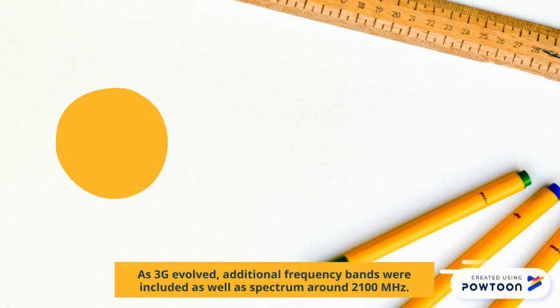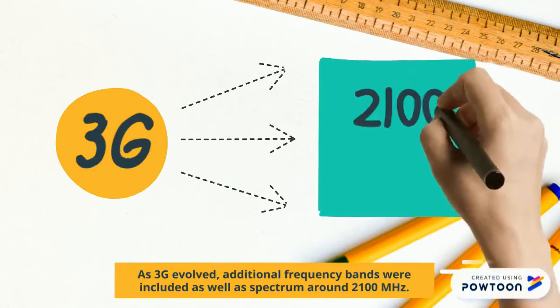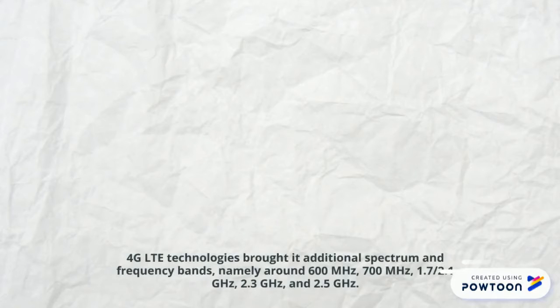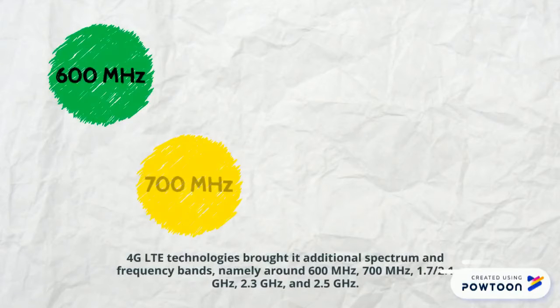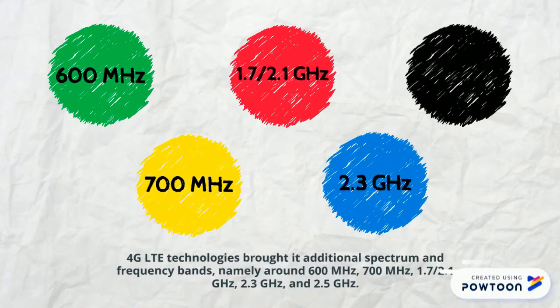As 3G evolved, additional frequency bands were included as well as spectrum around 2100 MHz. 4G LTE technologies brought additional spectrum and frequency bands, namely around 600 MHz, 700 MHz, 1.7 over 2.1 GHz, 2.3 GHz, and 2.5 GHz.